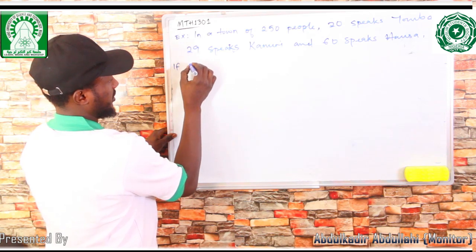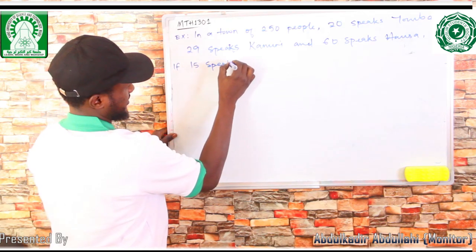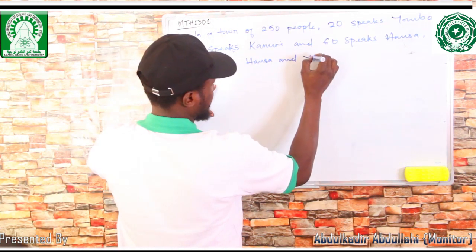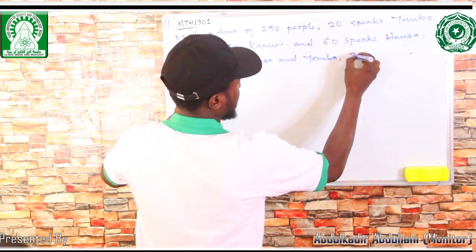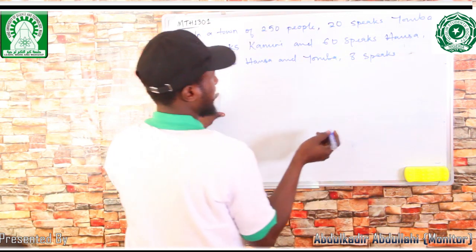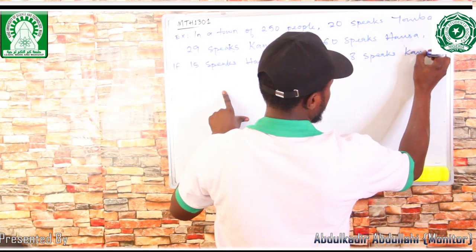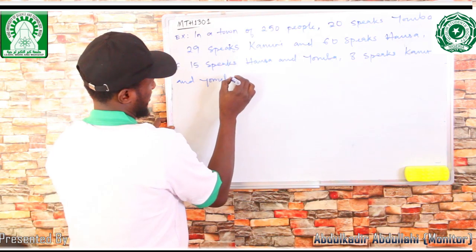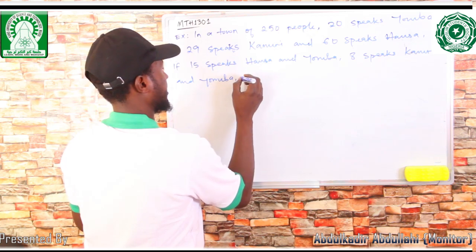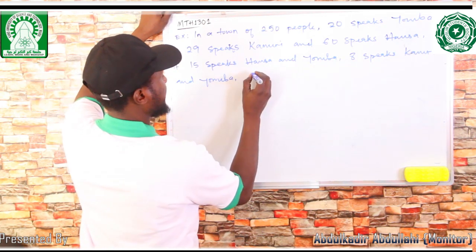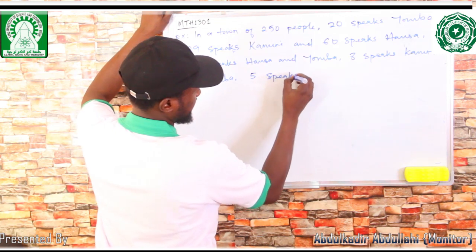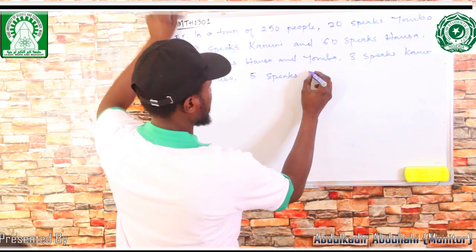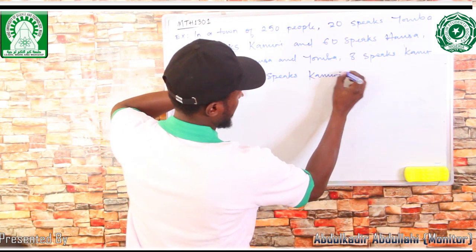If 15 speaks Hausa and Yoruba, 8 speaks Kanuri and Yoruba, and 5 speaks Kanuri and Hausa.